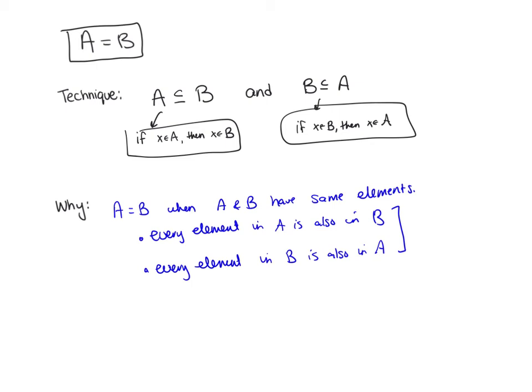So they must have exactly the same elements. So I'm just showing that every element in A is also in B. If it's in A, then it's in B. And every element of B is also in A. And therefore they have to be equal.